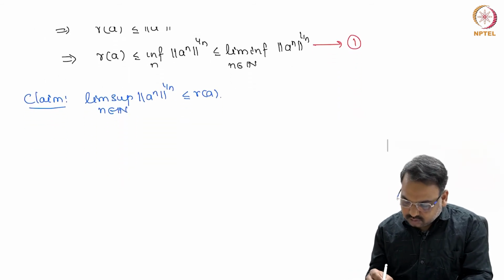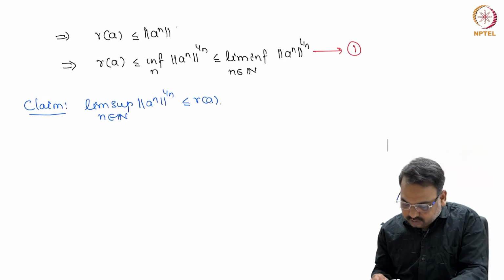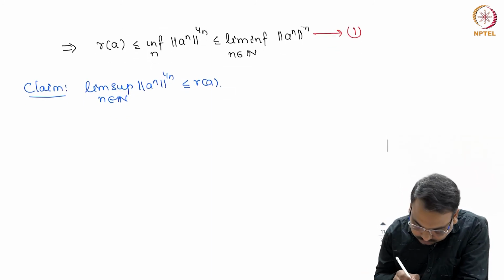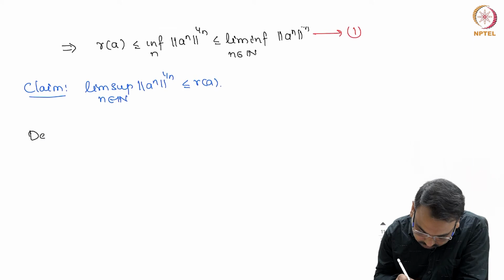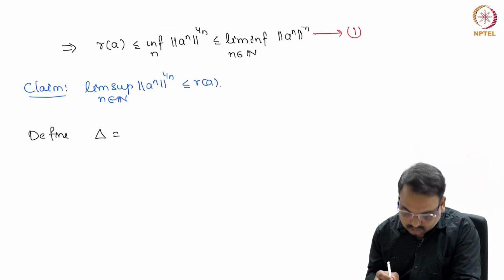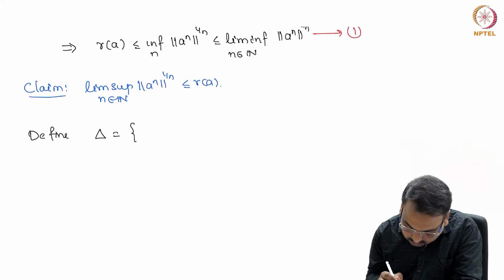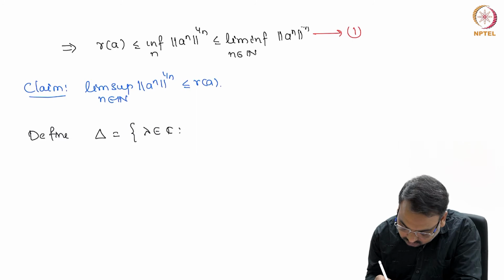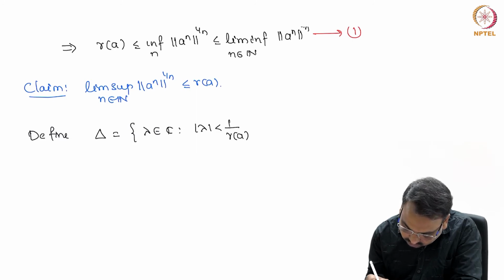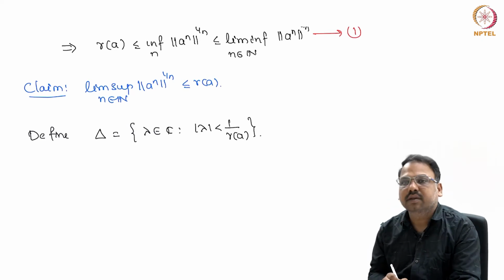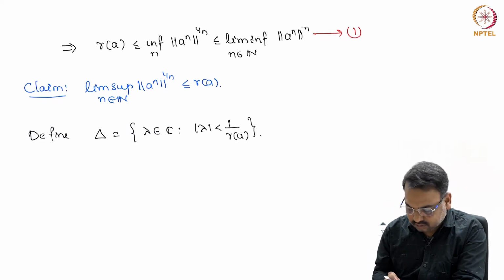Okay, so for this, let us define the set delta as the set of all lambda in C such that mod lambda is strictly less than 1 by RA.